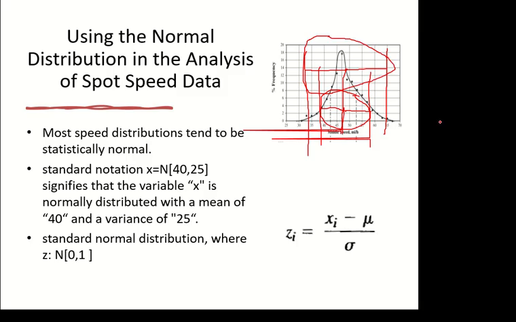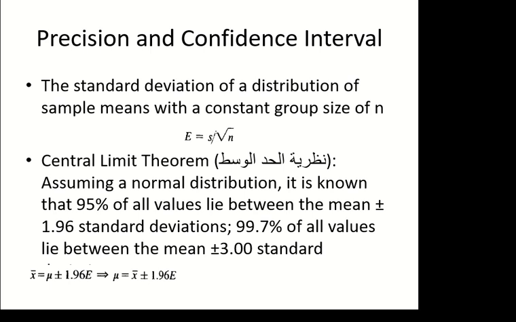In the books they explain it in another way as well. They say these ranges, 1.96 E and 3 times E, represent what?